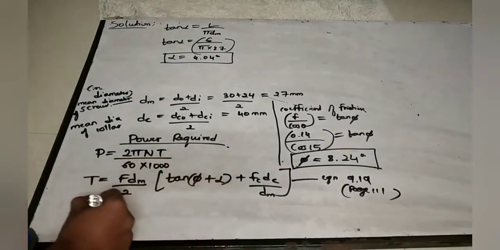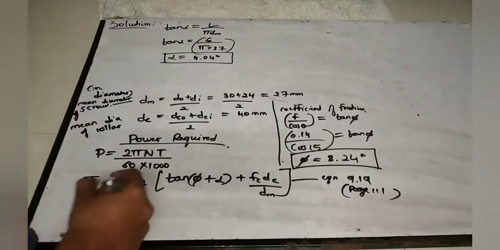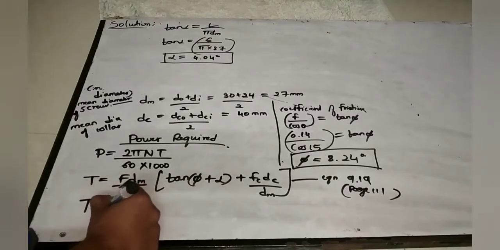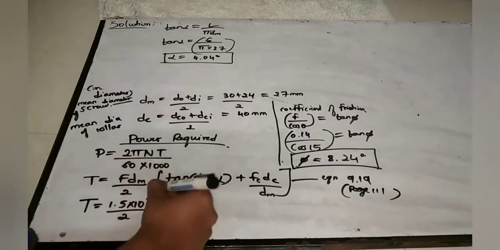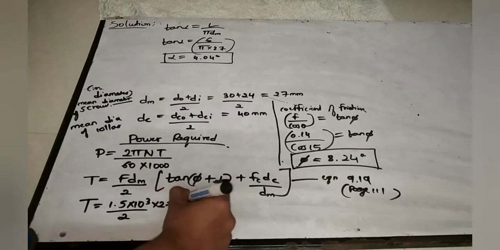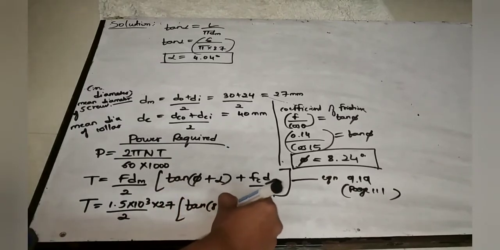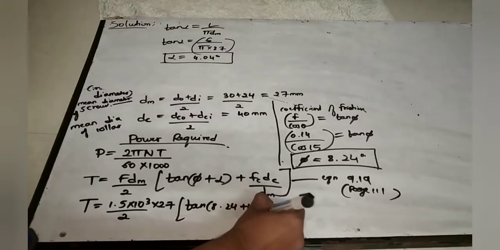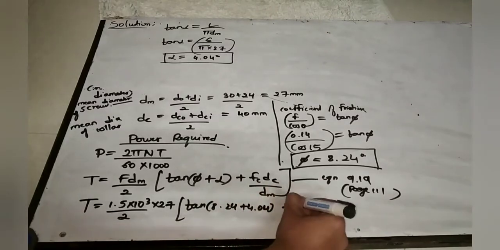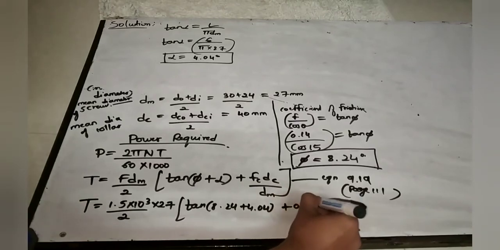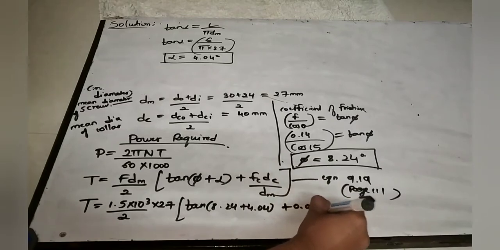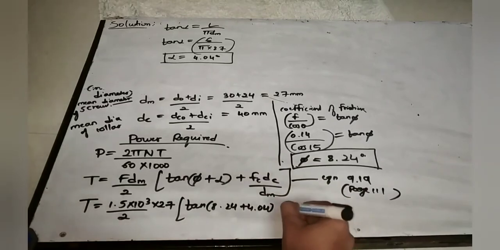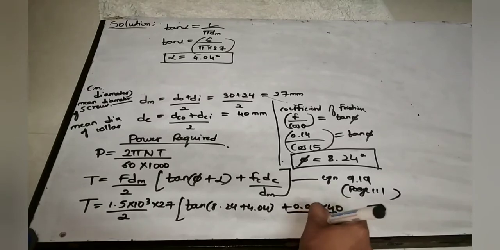Torque is equal to 1.5 into 10 raised to 3 divided by 2, mean diameter is 27, tan of 8.24 plus 4.04, plus FC, that is the friction for the collar, which is also given in the question, DC that is 40, divided by the mean diameter of a screw.